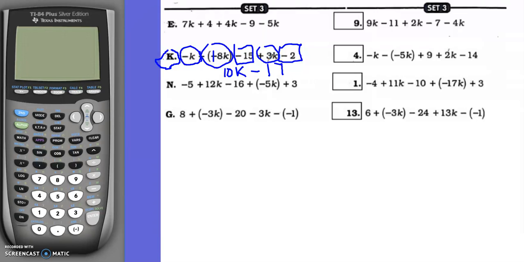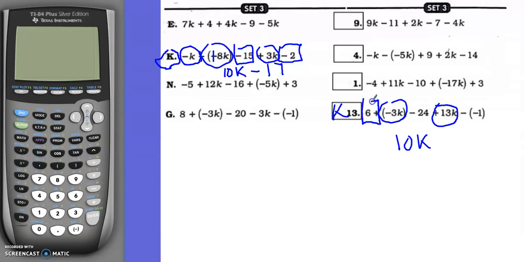Alright, that's going to correspond with number 13. So we have a negative 3K, we have a 13K, negative 3K and a 13K make a 10K.